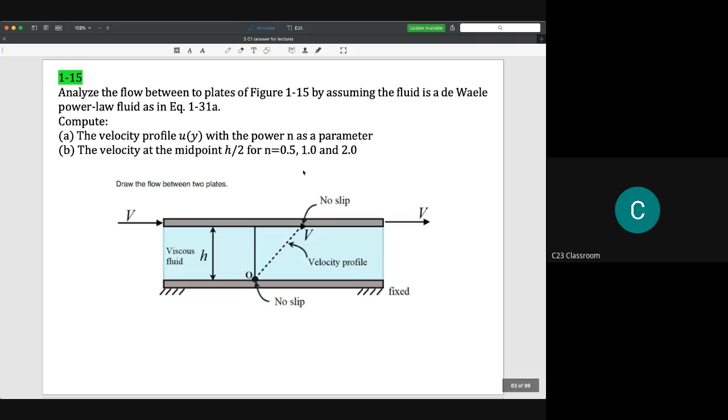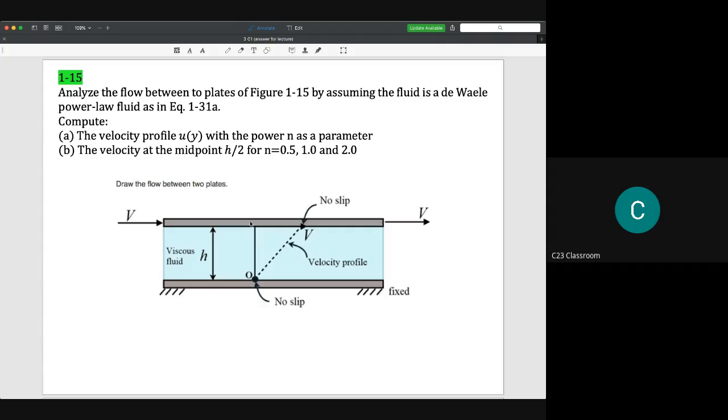Okay. So here we are answering a question about the shear stress and force. For example, we need to analyze the flow between two plates as in figure 1.15, by assuming the fluid is a power law fluid as in equation 1.31a.